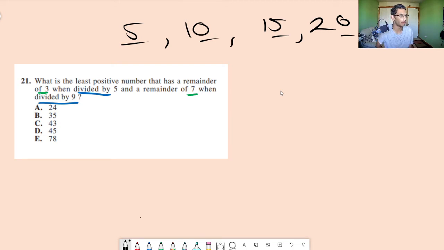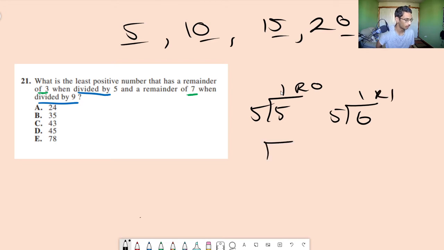So when you divide by 5, 5 divided by 5 is 1 remainder 0. Now 6 divided by 5 is 1 remainder 1, then 1 remainder 2, and 8 divided by 5 is 1 remainder 3.